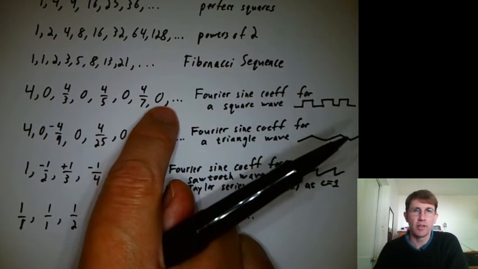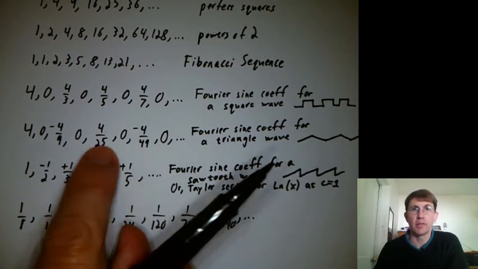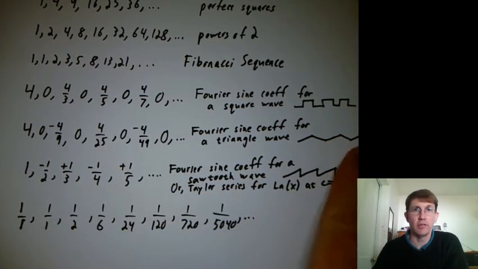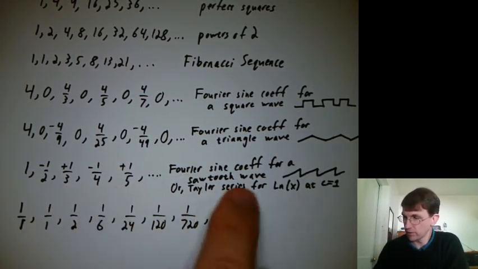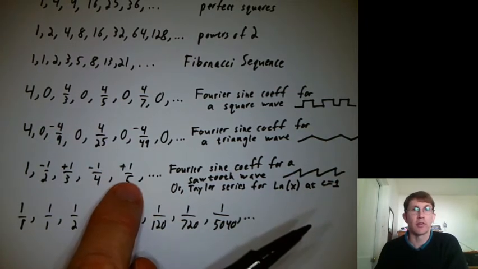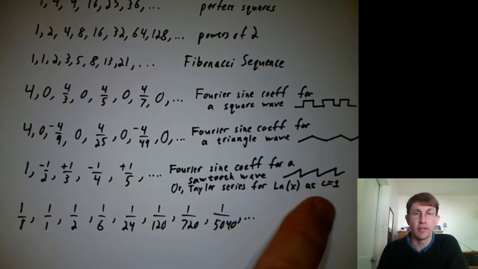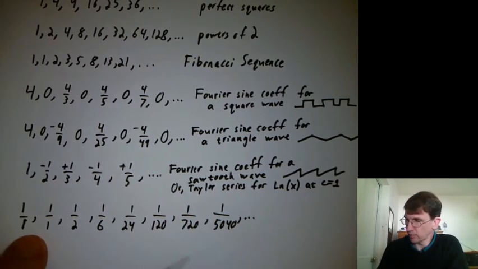Before you got to infinity, you would get an approximate square wave. If you did the same thing with these coefficients, you would get a triangle wave. If you did the same thing with these coefficients, you would get a sawtooth wave. But these are also the coefficients for the Taylor series for log x at c equals 1, so that's an interesting coincidence.